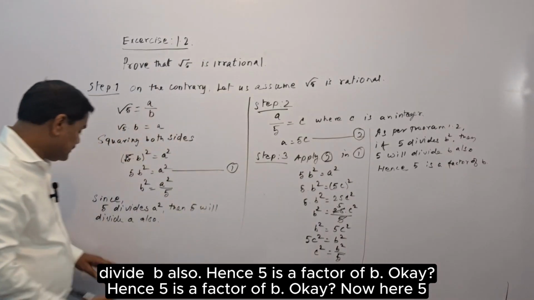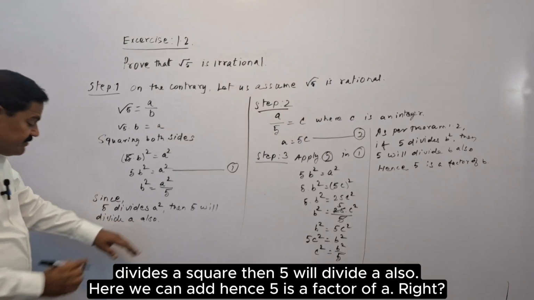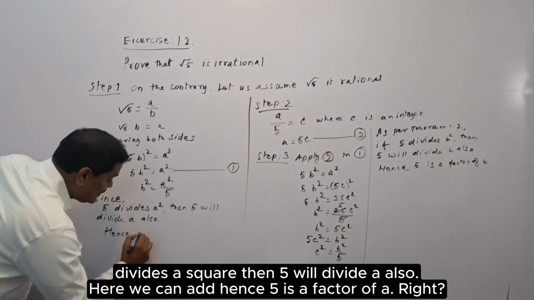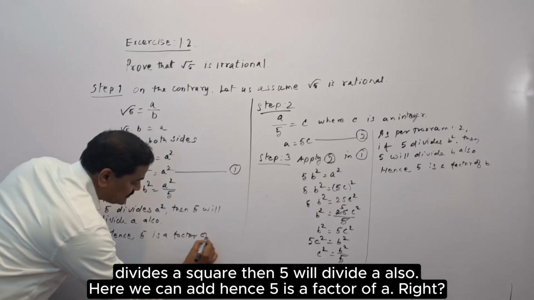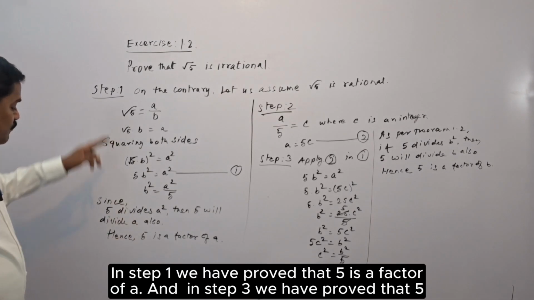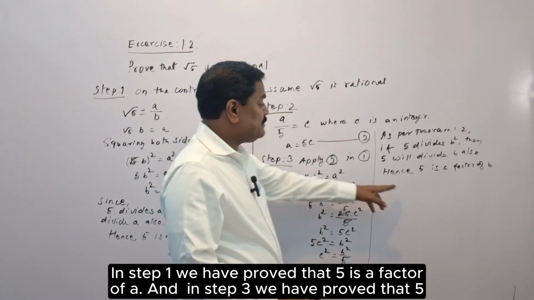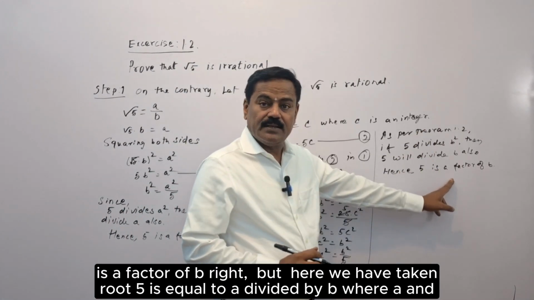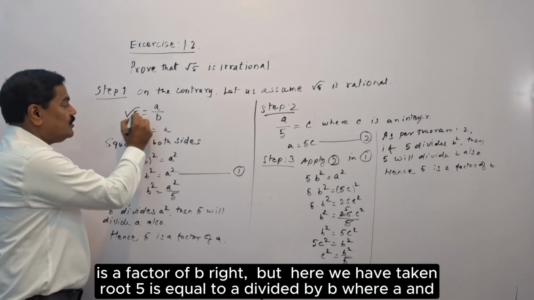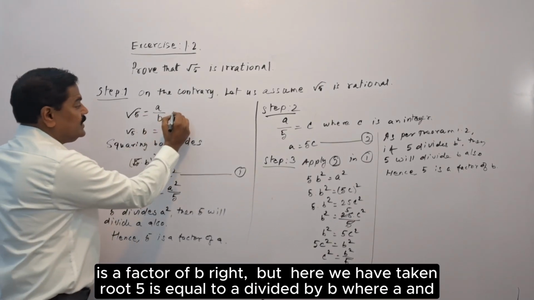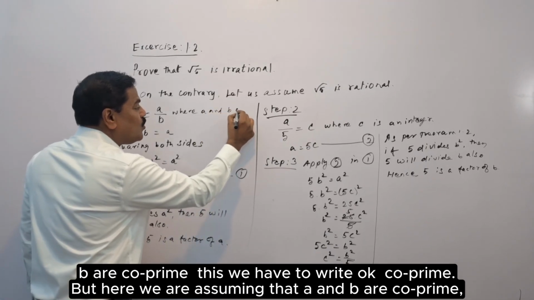Now here, 5 divides a square, then 5 will divide a also. Here we can add, hence, 5 is a factor of a. In step 1, we have proved that 5 is a factor of a, and in step 3, we have proved that 5 is a factor of b. But here we have taken root 5 is equal to a divided by b, where a and b are co-prime.